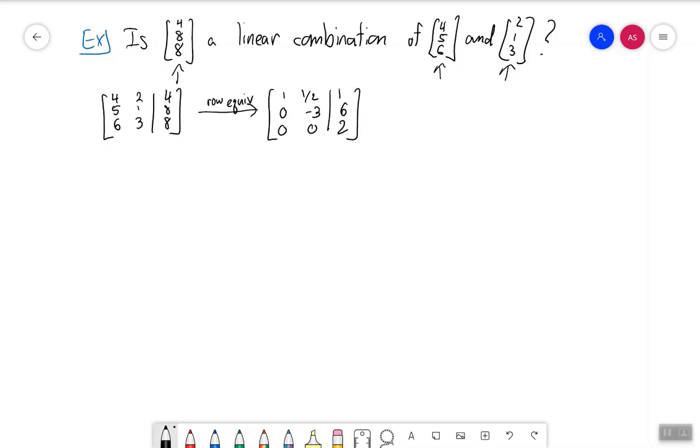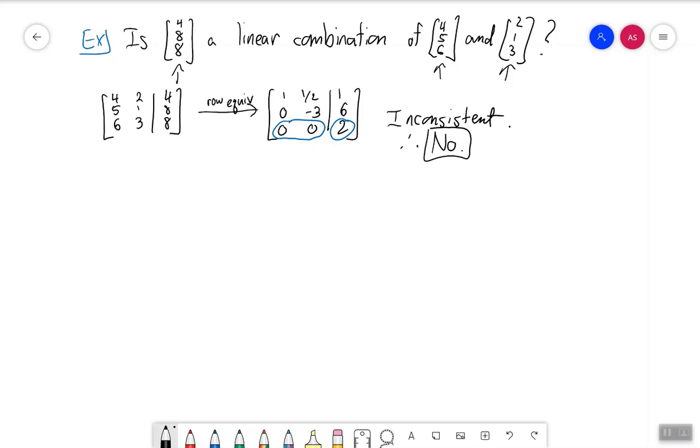And looking at this, we can see that in this last row, I have zeros over here to the left of the vertical bar, but something not zero to the right of the vertical bar in that same row. And therefore, this is inconsistent. So our answer, therefore, is no. This vector 4, 8, 8 is not a linear combination of these two vectors.